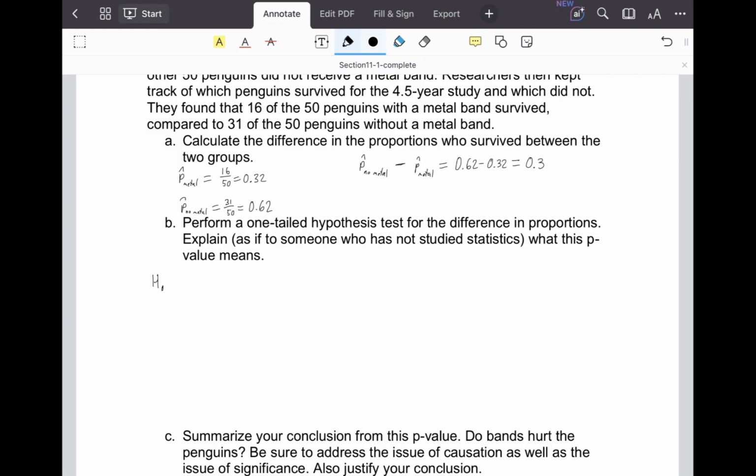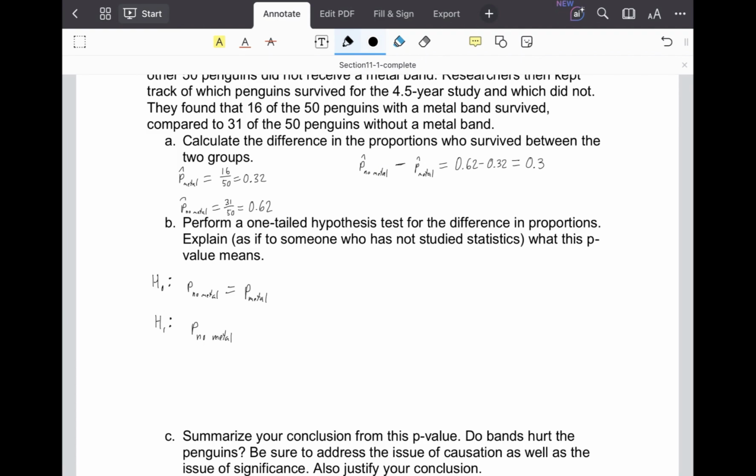So the null hypothesis is that those two proportions are equal. And we do keep the hat off of it in this because this is talking about the population parameter, not the statistic.